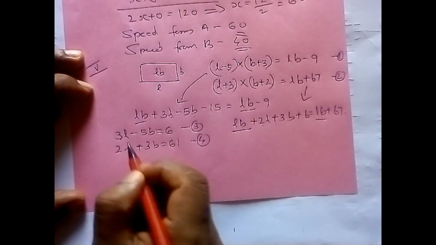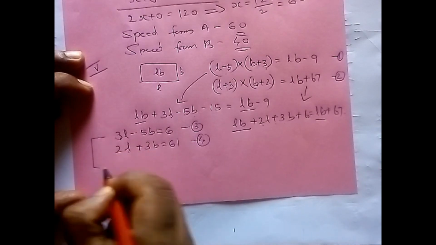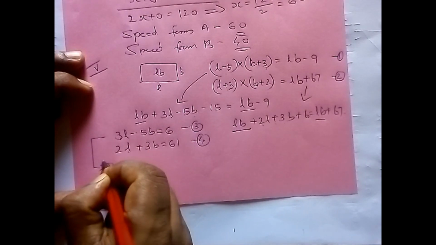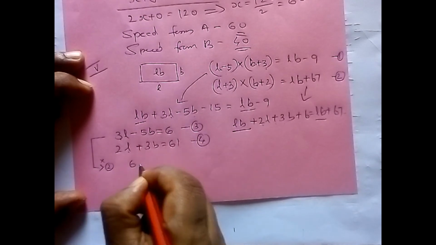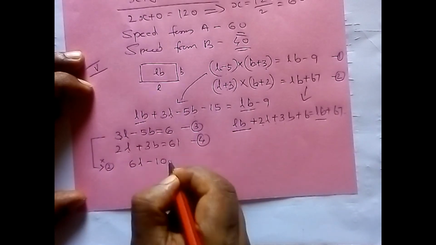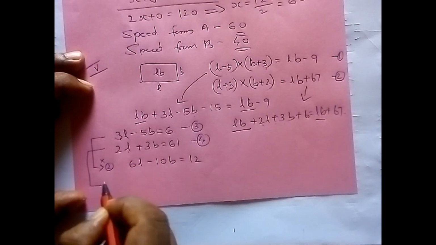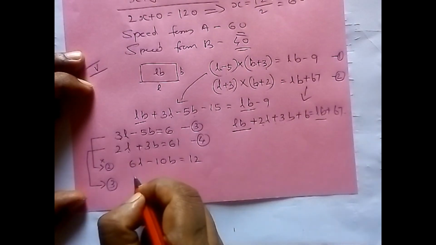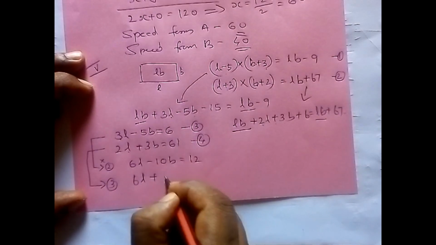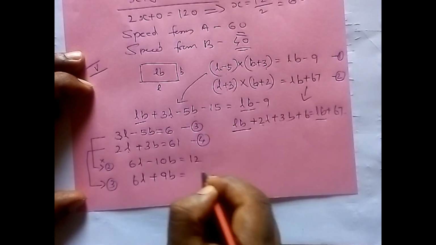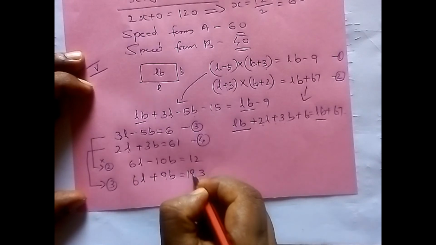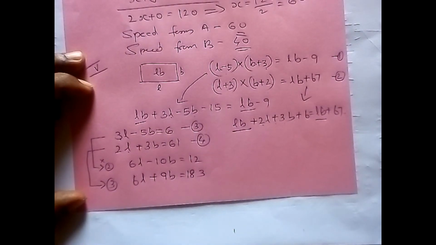Here 3L, here 2L. So this equation we will multiply with 2, so that we will get 6L minus 10B equal to 12. This equation we will multiply with 3, so that 6L plus 9B equal to 183.